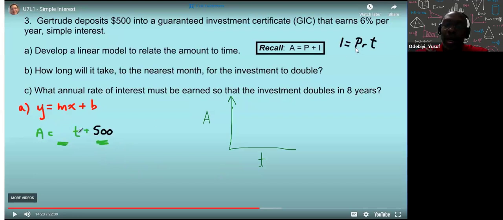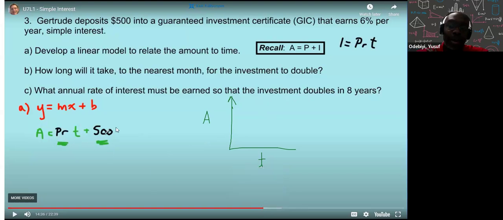We already know the formula is principal times the interest rate times the time. Once you get that, you plug it into here, and that would be the model for a linear equation.